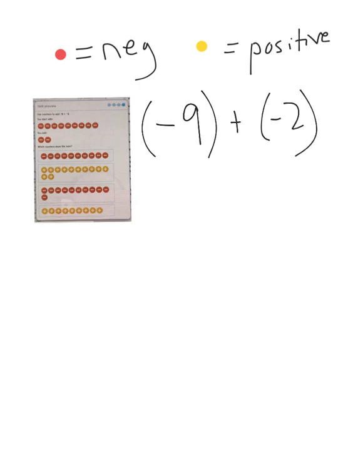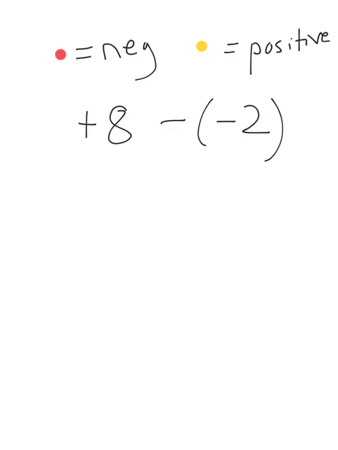We can illustrate that with 1, 2, 3, 4, 5, 6, 7, 8, 9 negatives plus an additional 2 negatives. So in total, we end up with negative 11 if we count them up. Negative 9, negative 10, negative 11.